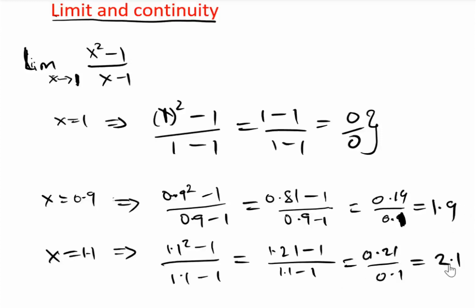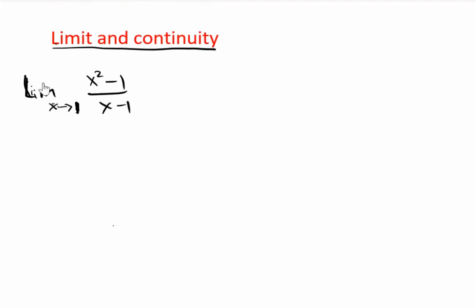There's another way to solve it, which is by factorization. The limit as x tends to 1 of x squared minus 1 all over x minus 1 will be equal to the limit as x tends to 1. This is a difference of two squares, so I have x plus 1 and x minus 1 divided by x minus 1.